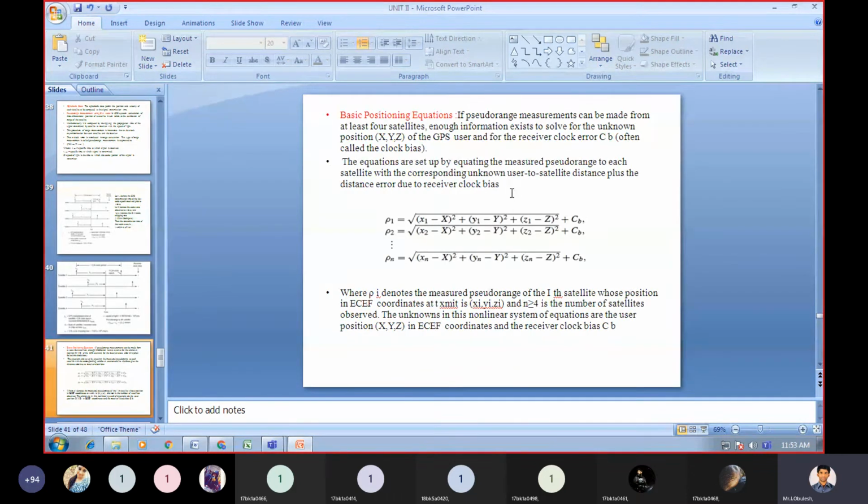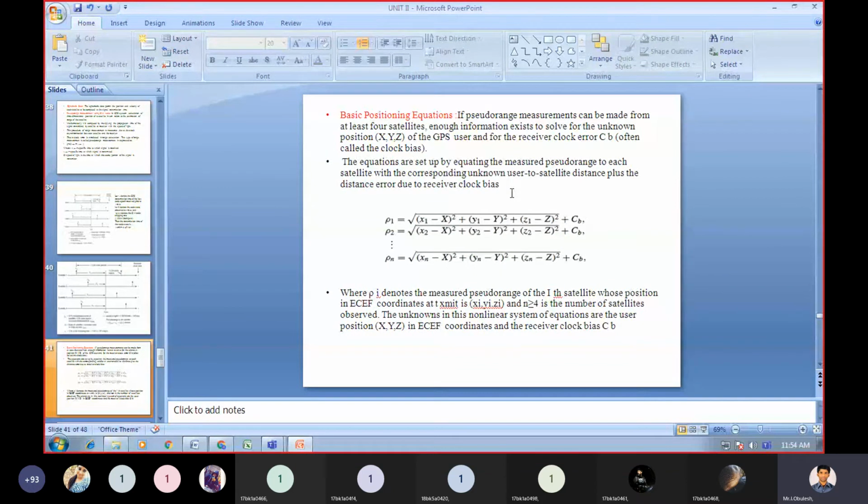The next topic is basic positioning equations. For finding the exact position, you need to use these positioning equations. If pseudo range measurements can be made from at least 4 satellites, enough information exists to solve for the unknown positions x, y, z of the GPS user or receiver, and for the receiver clock error.